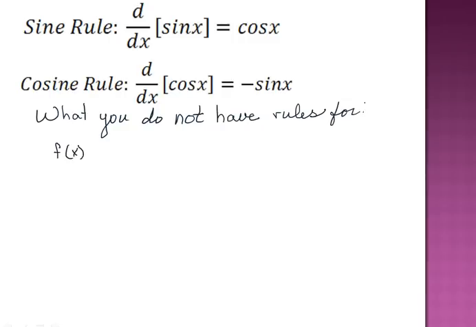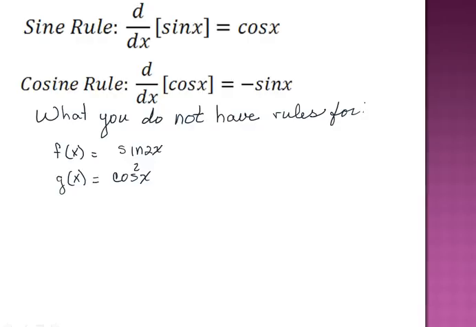If you were given a function and asked to find the derivative of sine 2x, that angle has changed from 1x to the first power. You do not have a rule for that. If you were asked to find the derivative of cosine squared x, that cosine is now complex.